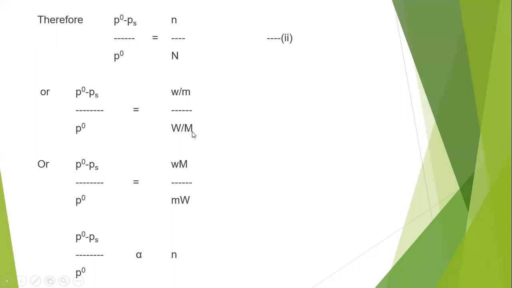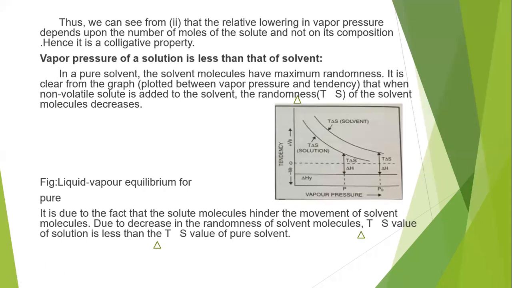So capital W by capital M. Once again, we can represent this as (P0 minus Ps) by P0 equals small w capital M by small m capital W. Simply, we can represent it as (P0 minus Ps) by P0 being directly proportional to small n, the number of moles of the solute. Thus, we can see from equation 2 that the relative lowering in vapor pressure depends upon the number of moles of solute and not on its composition. Hence, it is a colligative property.